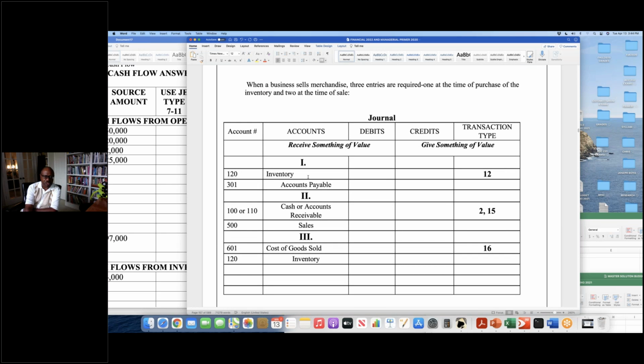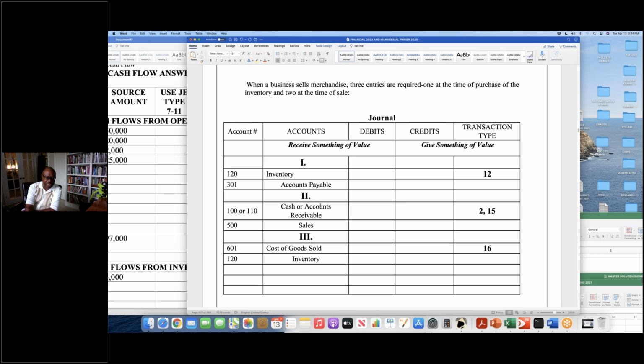We got to buy the inventory. We always buy inventory on credit. We don't pay cash on inventory. We got to check to see if it's there, make sure it's not damaged. So this is the entry we make.